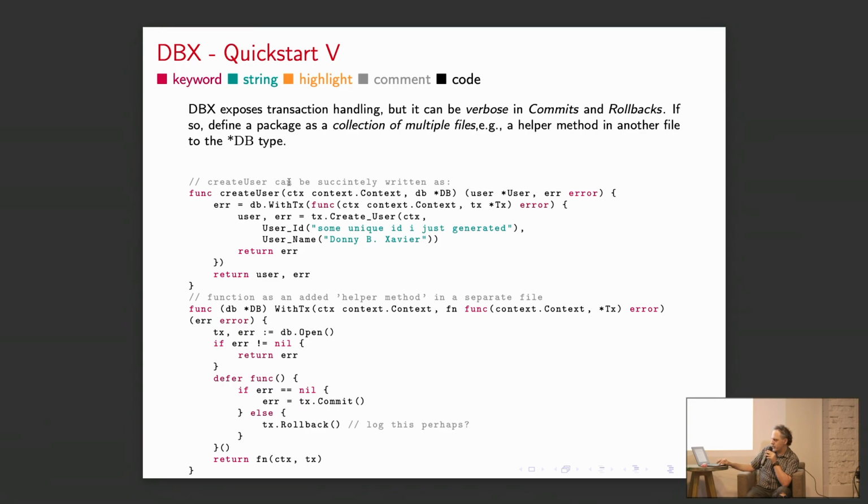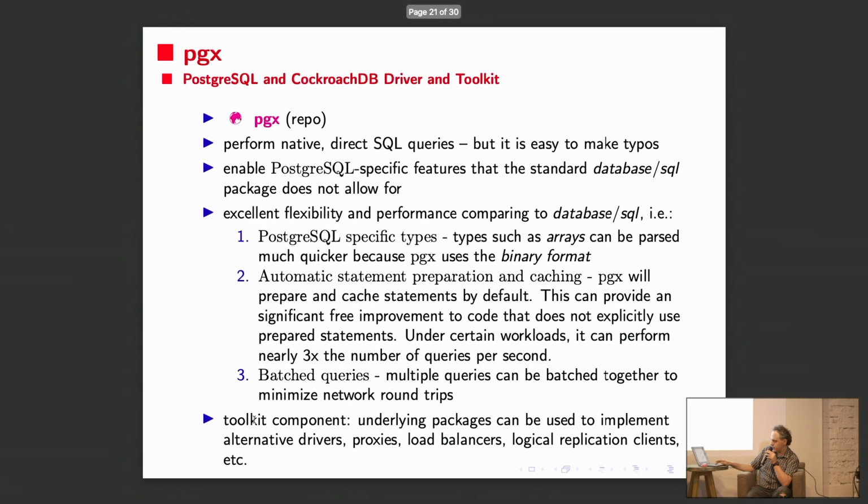So create user can be succinctly written as, and this is the way to express in a very dry form the create user instantiation, and the function as an added helper method in a separate file gets described in this way. So these are simple examples of how to achieve those functionalities.